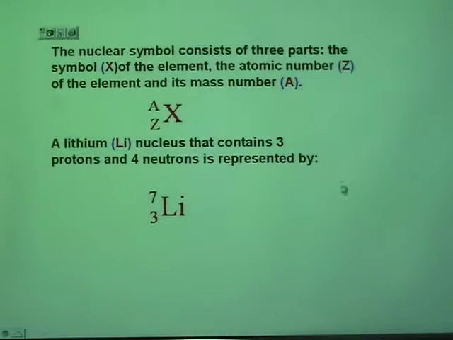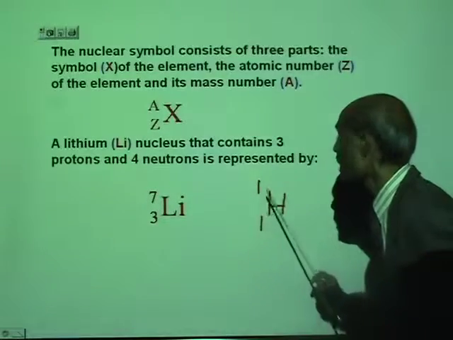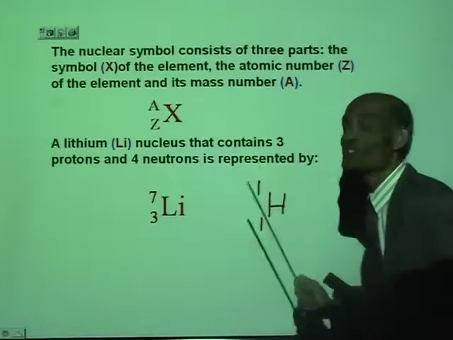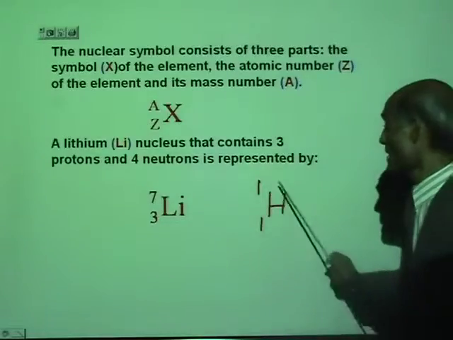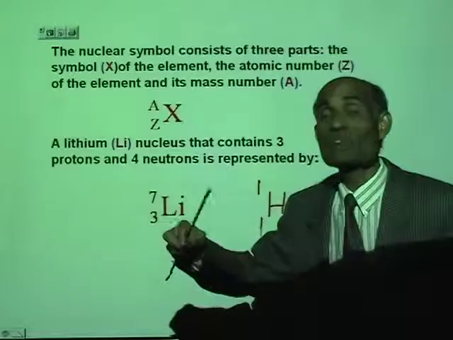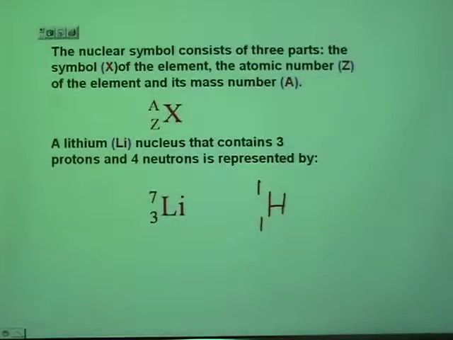So ordinary hydrogen can be of different types, but this is the ordinary hydrogen, H11, 1 proton and no neutron. So the mass number is simply the number of protons. Soon we will see there are different types of hydrogen. We will look at that as we go on.